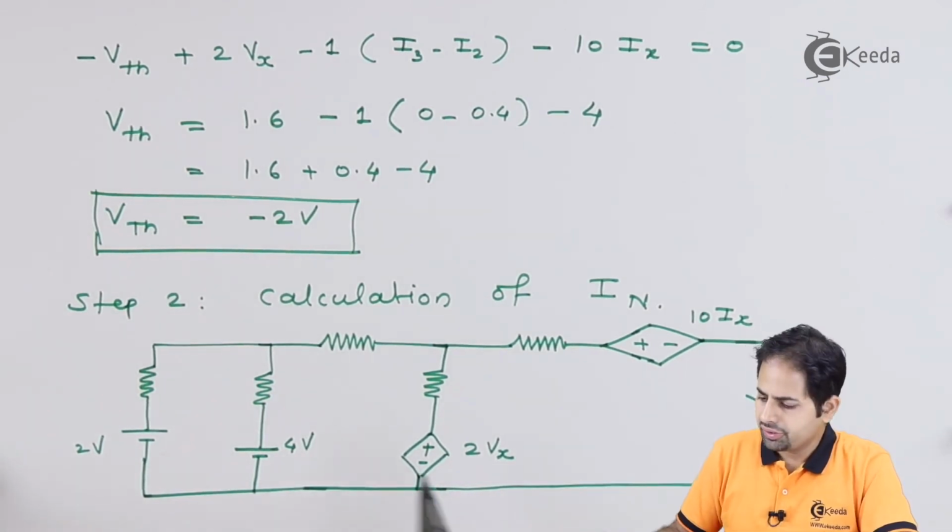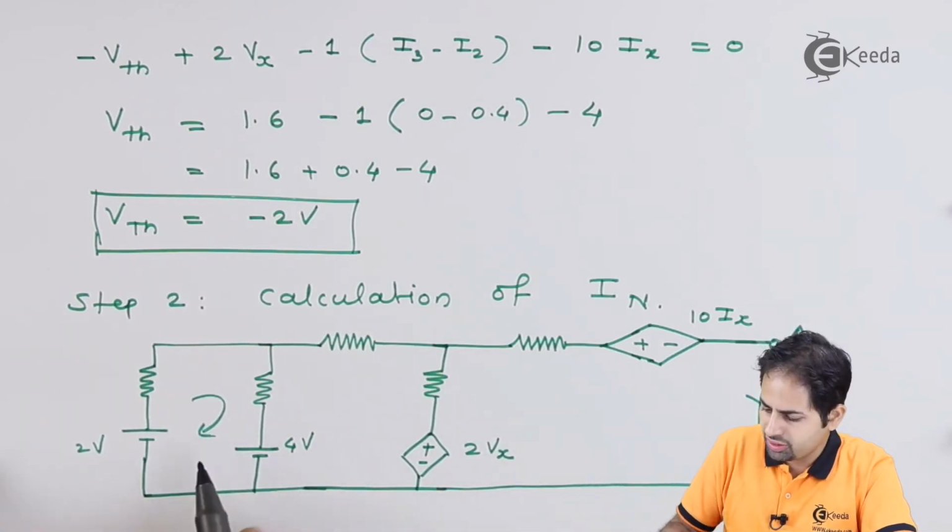So here I have drawn the circuit. So obviously we'll write the element values, but we can consider these currents as, you can call this as I1.